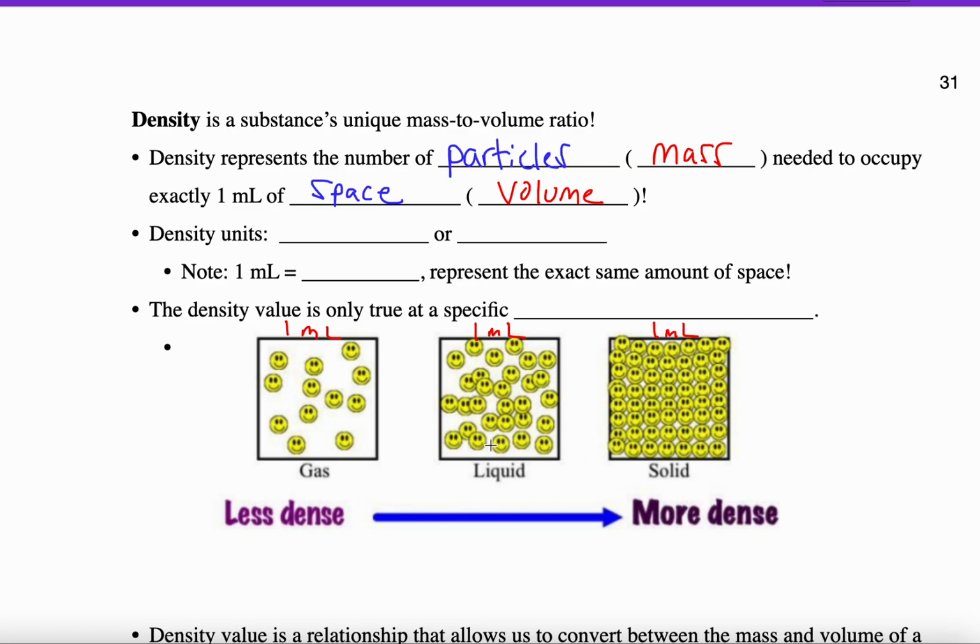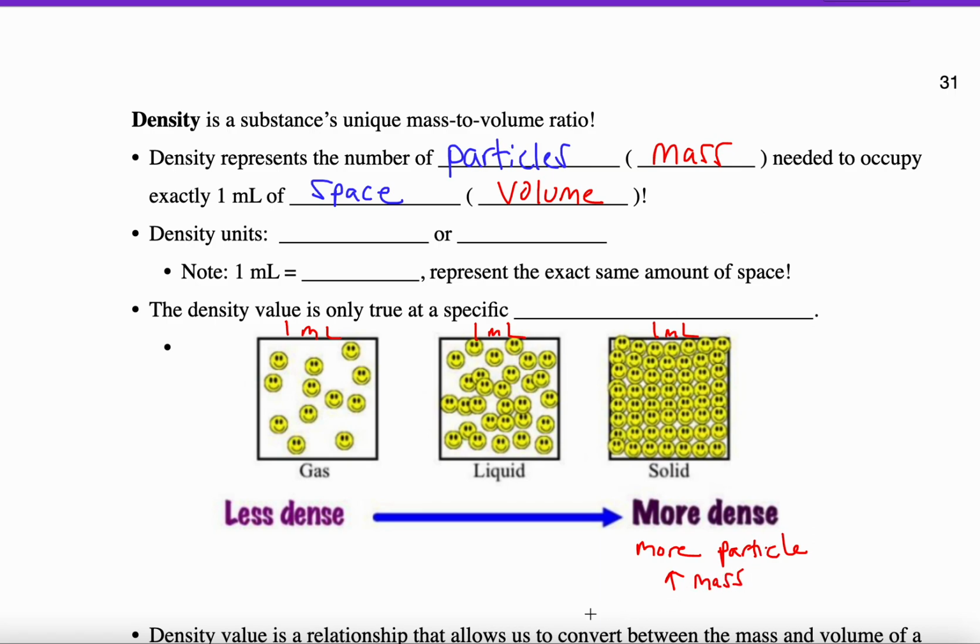The reason is that as we move from gas to liquid to solid, it becomes more dense because there are more particles stuffed into that 1 milliliter of space.